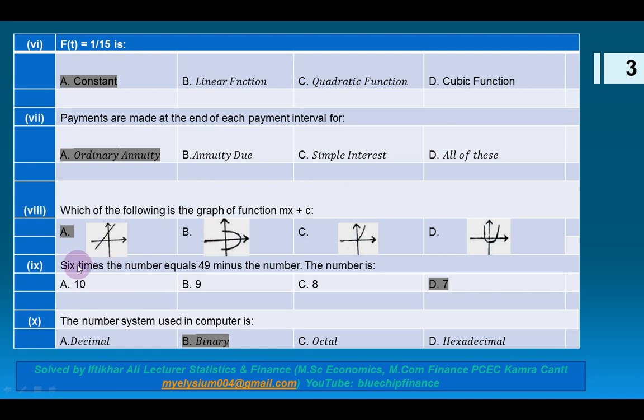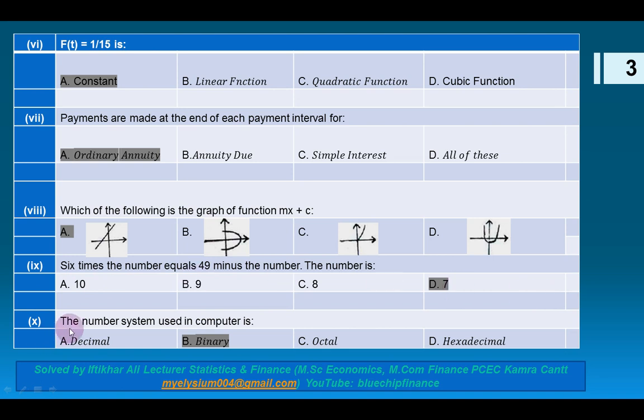So 6 times the number means 6x, equals 49 minus the number, which means 49 minus x. So the equation will be 6x equals 49 minus x. Just arrange the equation and calculate x. Correct option will be 7.